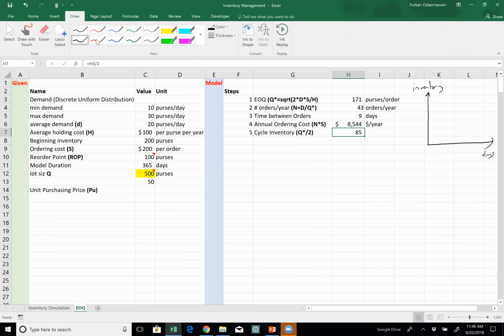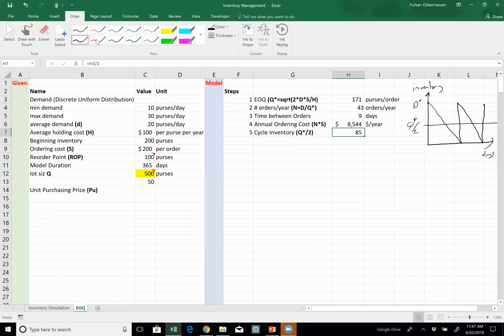So my inventory position will start from, let's say, Q star, and it will start going down, down, down, and then when it reaches 0, it will go up again to Q star, and then it will go down again and back up to Q star. So the average inventory is Q star over 2.